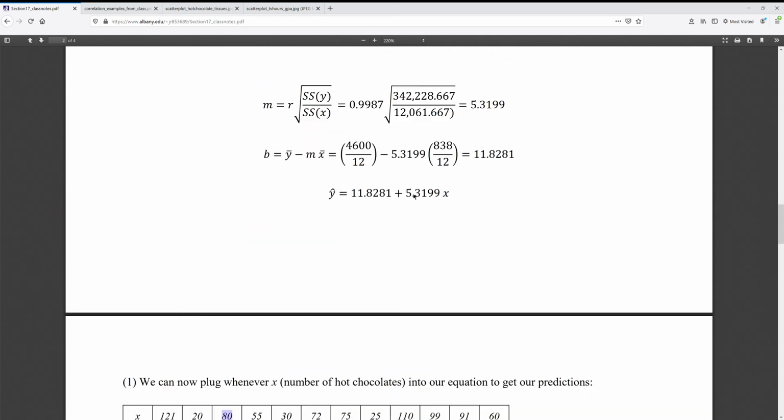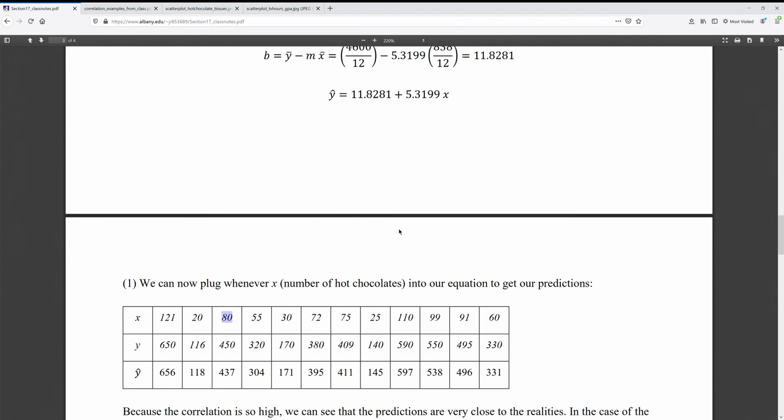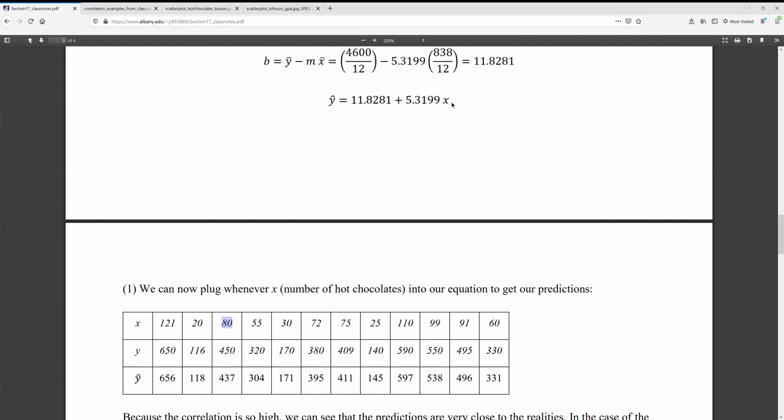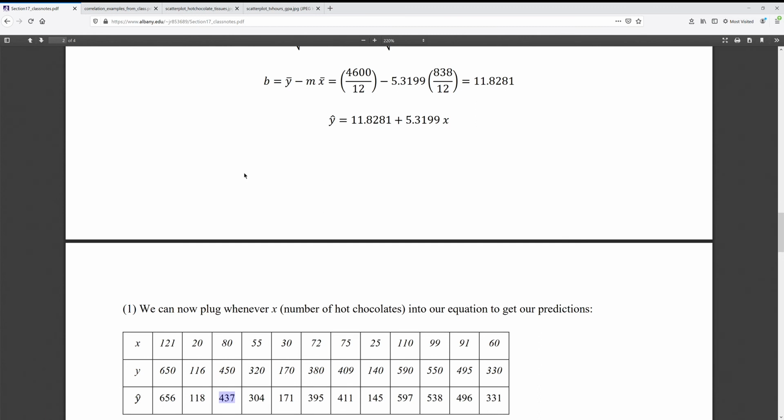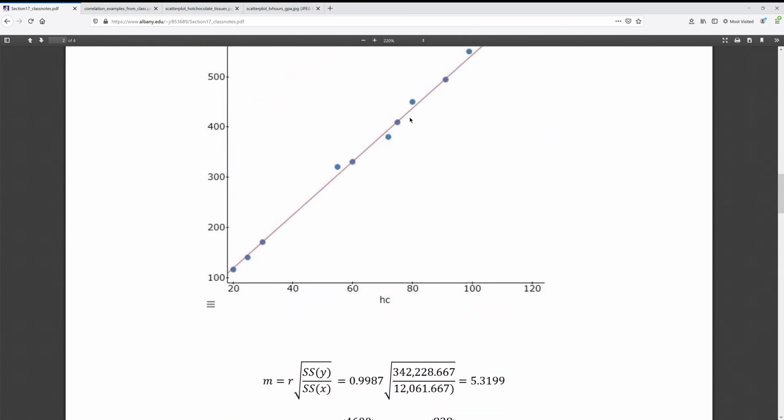So what are we getting? If we plug 80 into our formula, 80 times that plus that to the nearest whole number, we get 437. So the prediction, the red line, is a little under the reality of the 450. And that was here. But still very close.